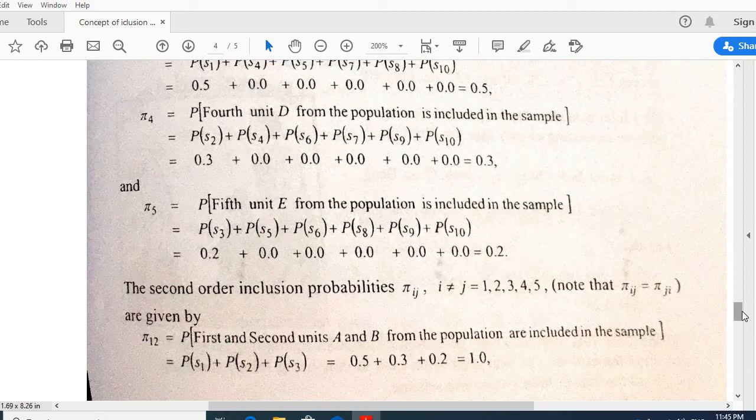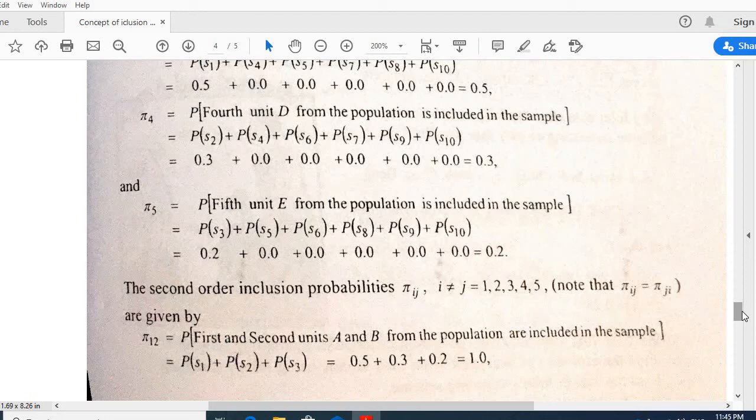These are the samples which have the fifth unit, that is E, in the sample. The probability is 0.2. Now we come to the second order inclusion probability pi 1,2.